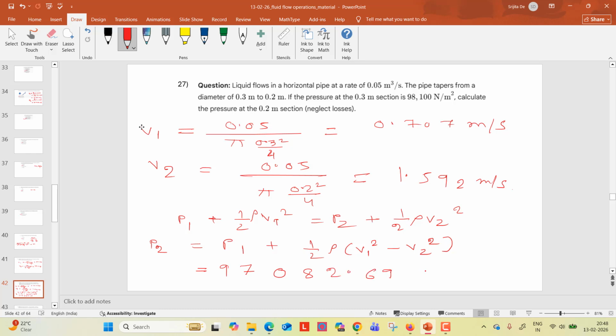Here we have taken rho equals 1000 kg per meter cube, that is of water. Okay, so this is your answer.